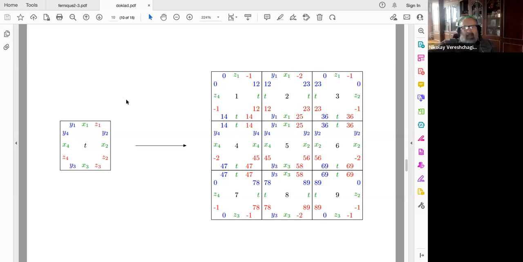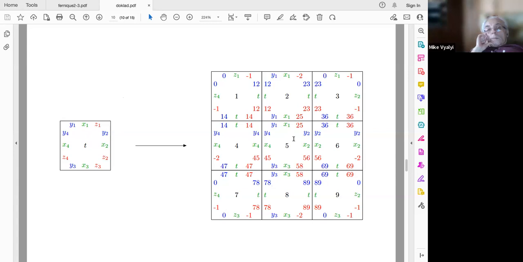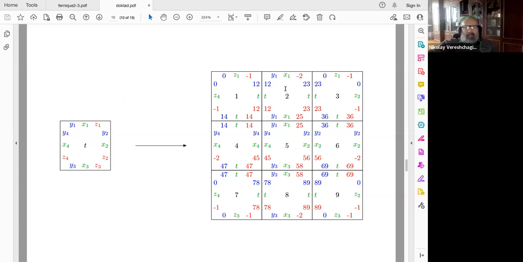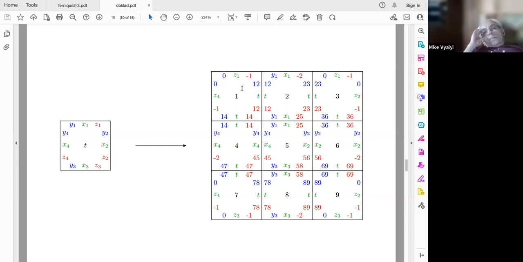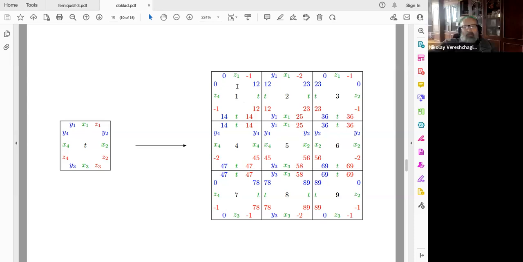So the second claim is easy. If we take this tile and apply to it a substitution, we will obtain exactly our square. Why is this? We will obtain the central tile. We will obtain the tiles of even type, second, fourth, and also we will obtain the tiles of the corner, which is not obvious.